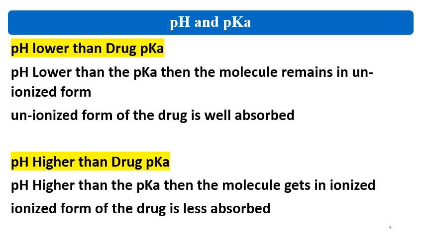The unionized form of the drug is well absorbed. Then if the pH is higher than the drug pKa, that time the higher pH will lead the molecule to get ionized, and the ionized form will be formed, which is less absorbed.